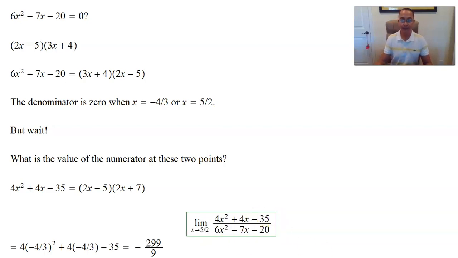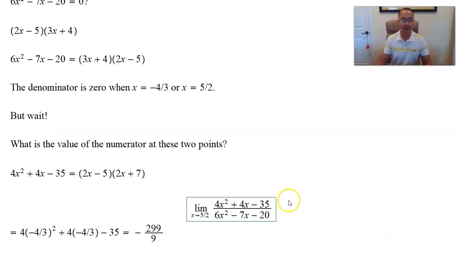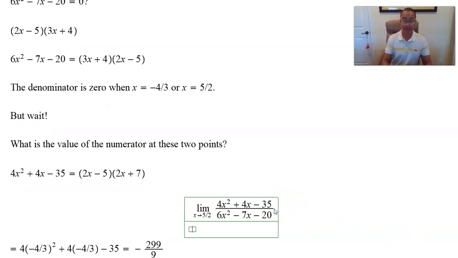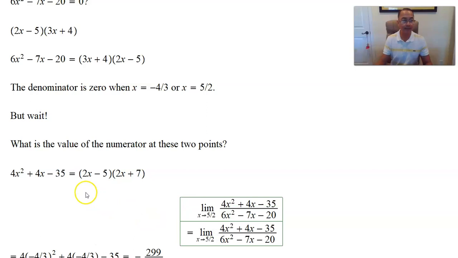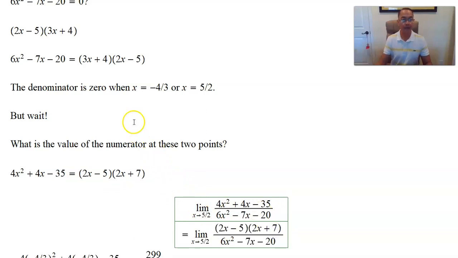Is it going to be plus infinity or minus infinity or something else? We said that the numerator factors as 2x minus 5 times 2x plus 7, and we already know that the denominator factors as 3x plus 4 times 2x minus 5.